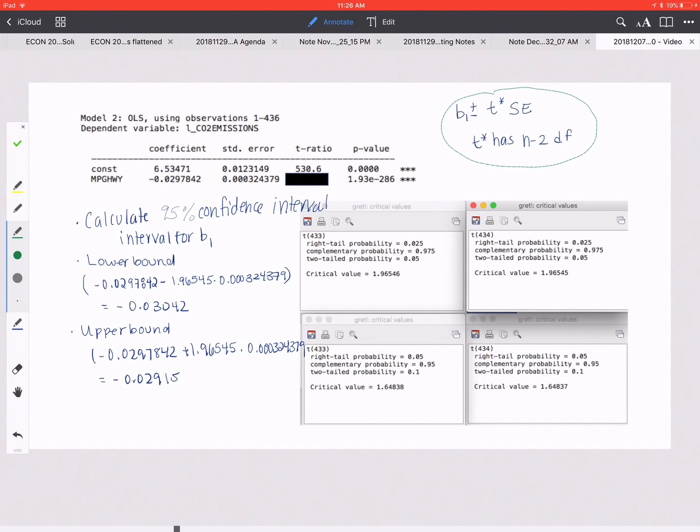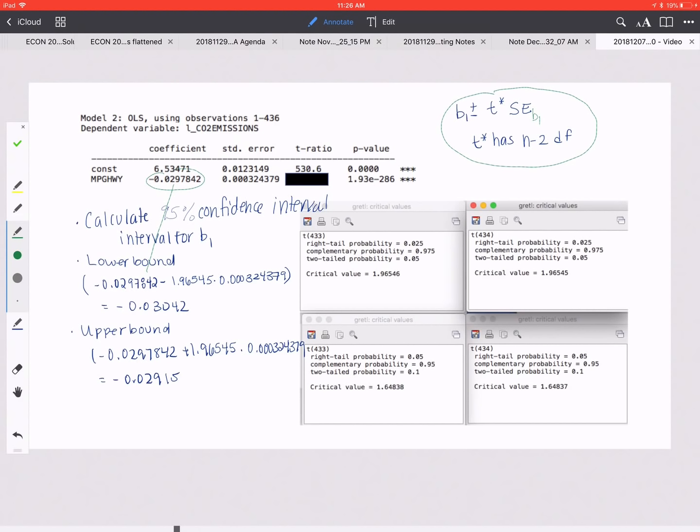So now let's look at our information here to perform the calculations. We're going to start with the lower bound. So we take B1, subtract our T star. Let's think about the T star for a moment. I gave you 4 different Gretl outputs to select from.